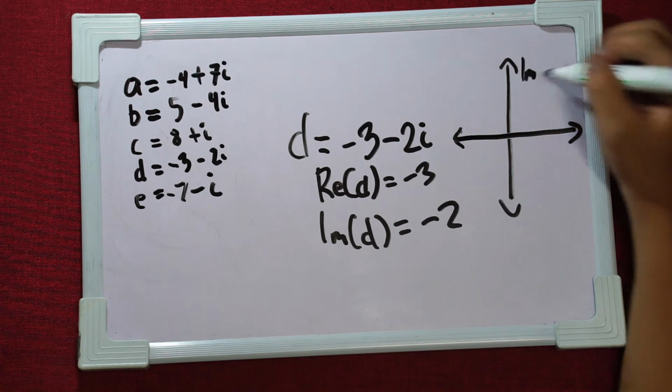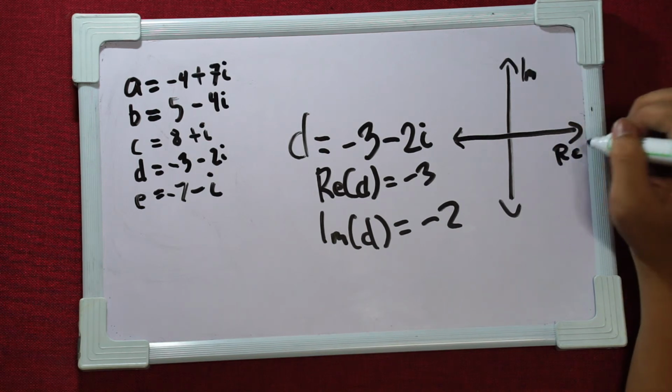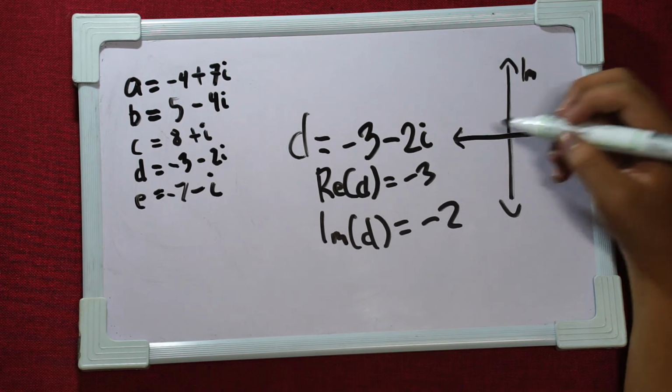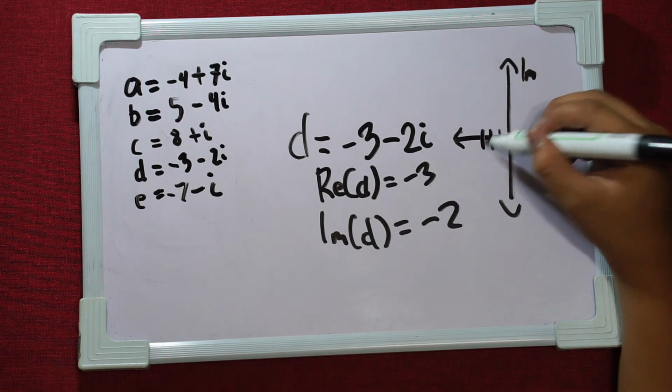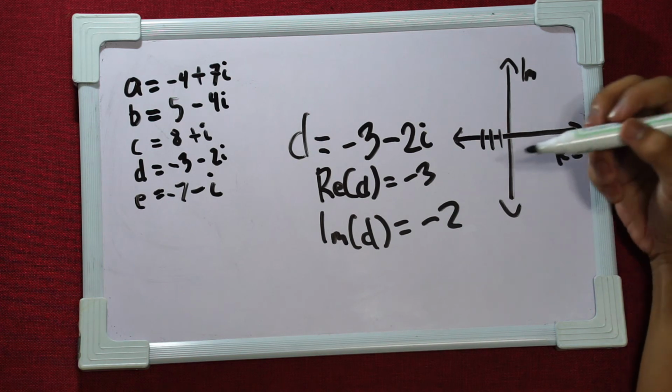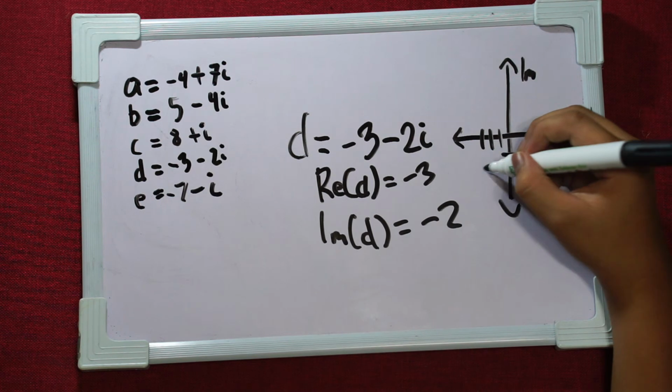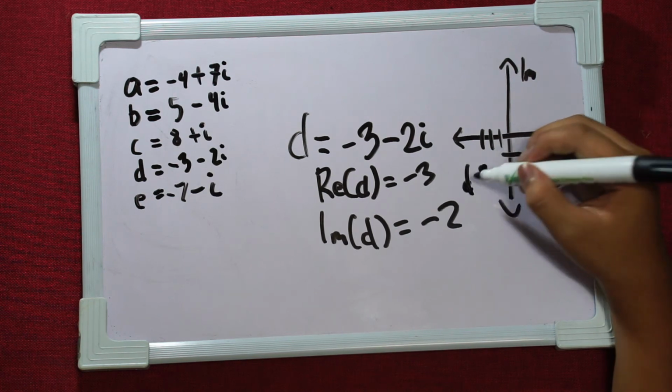This is the imaginary part and this is the real part. So the real part of d is negative 3, so 1, 2, 3, and the imaginary part of d is negative 2, so 1, 2, it would be here. This would be d.